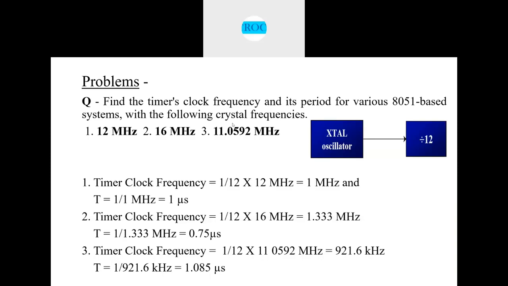When the clock source is internal, normally the source we use is 11.0592 megahertz.